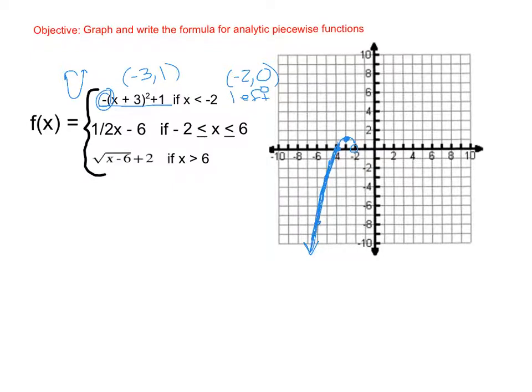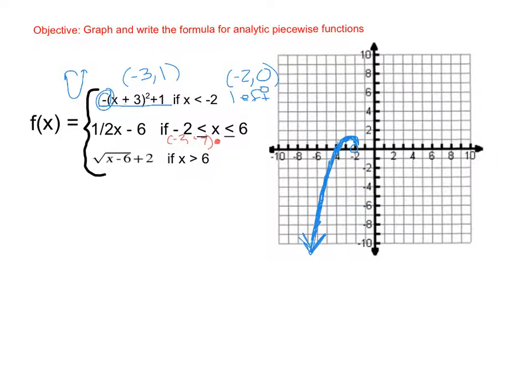Make that so ugly. I'm sorry, guys. I'm horrified by this. All right, so it's kind of like half the parabola and then a little extra. Okay. The second piece, that's the easy piece. So -2, plug in -2, and I get -7.